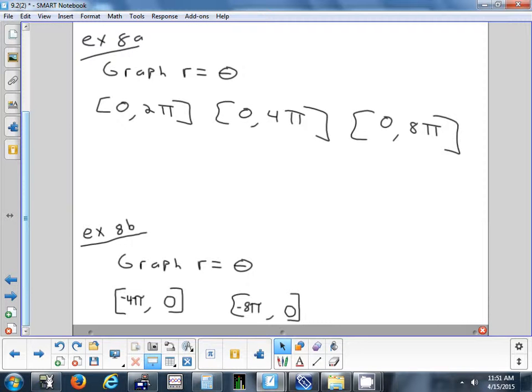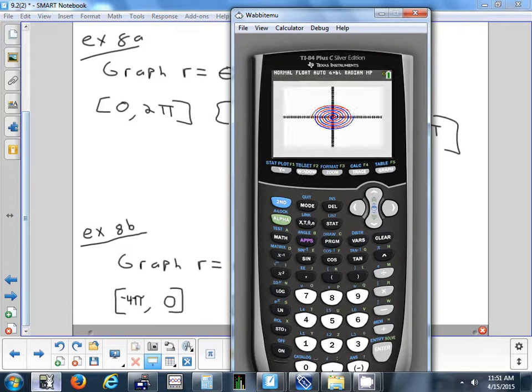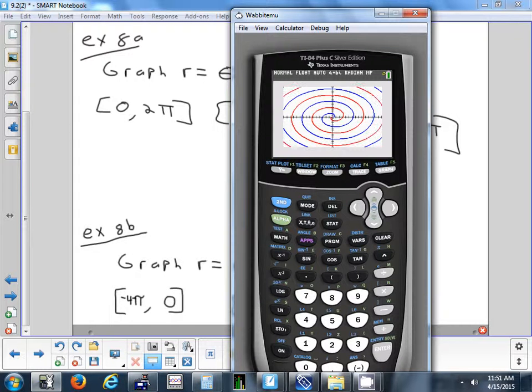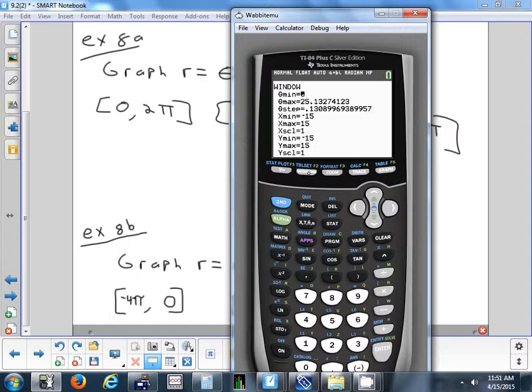Let's try setting our parameter from negative 4 pi to 0. Okay, let's zoom back in. Don't go all the way to 8 pi. Just go to 4 pi so you can see it bigger. Right, so there's our old spiral. And we're going to go negative 4 pi to 0.